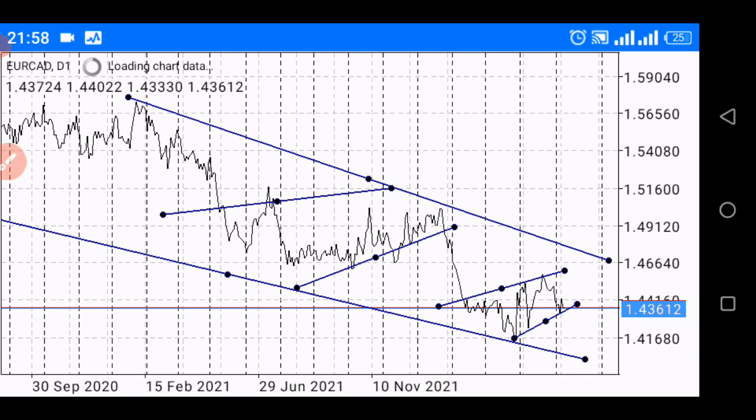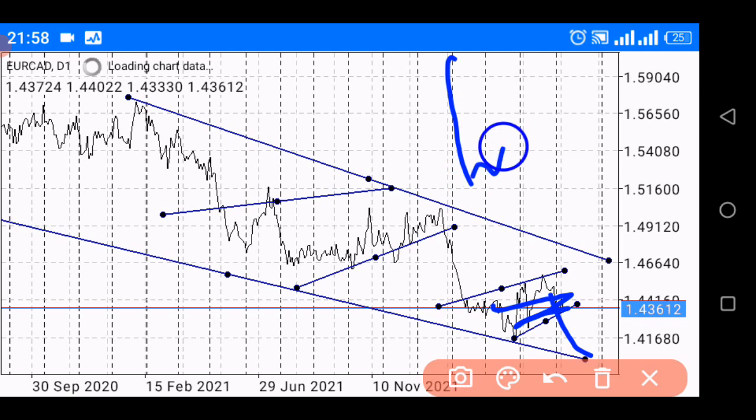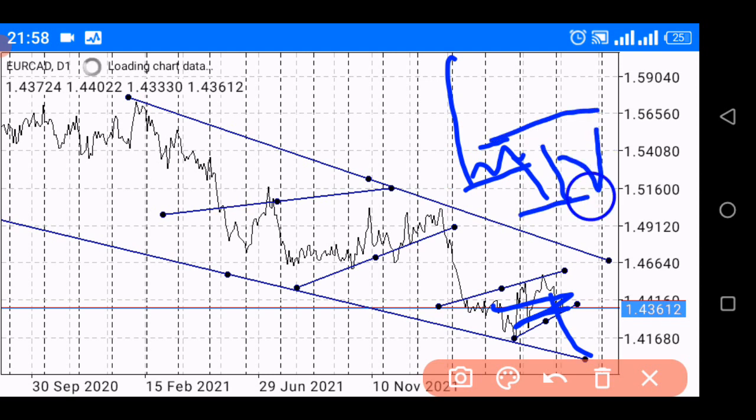You see, we have a flag, our corrective, and we are expecting a movement here now. Because of this pattern, we are expecting a movement here, because this is what we really have. A small corrective movement here, a breakout, price comes here, moves here again, and we have this.